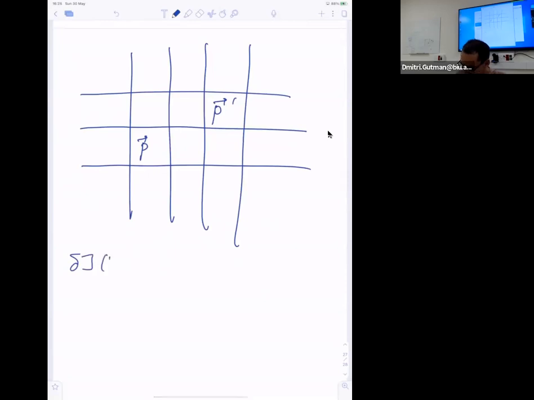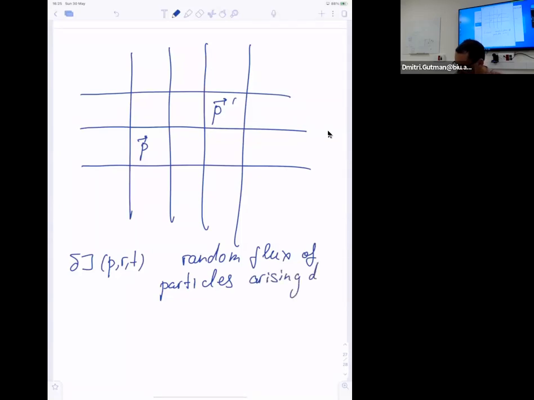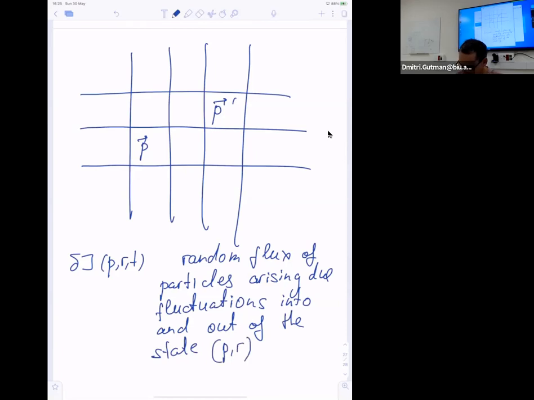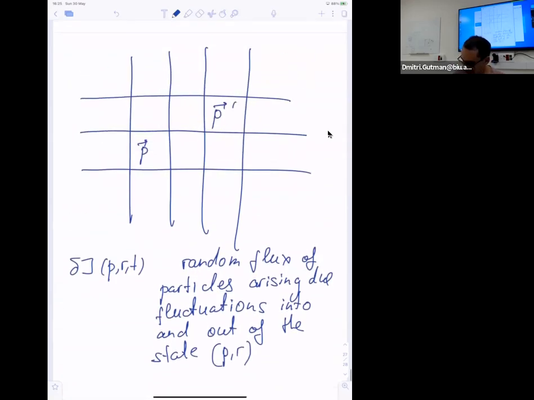Let's say that delta J of P, R, and t is a random flux of particles arising due to fluctuations into and out of the state P, R. So there's this box at the point R. This is the phase space at the point R. These are two cells that we are focusing on, P and P prime.